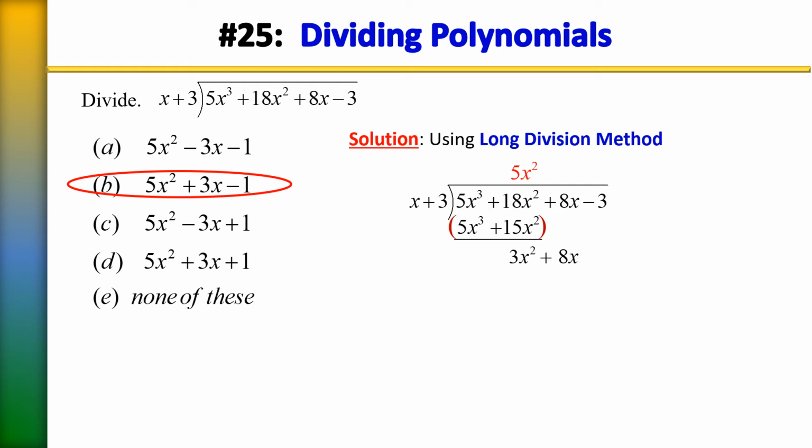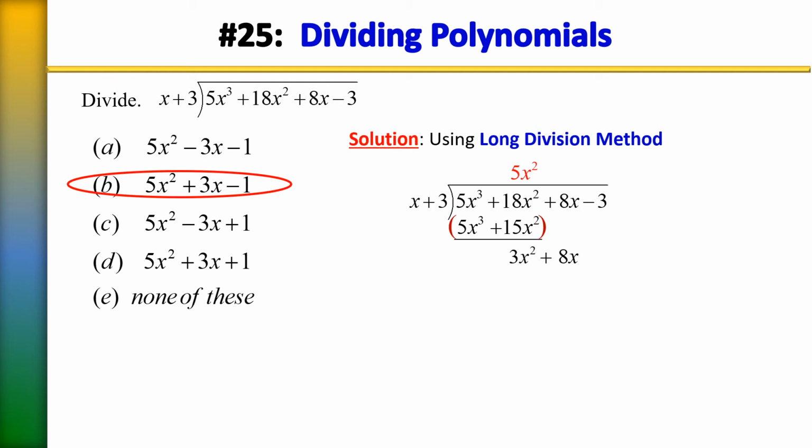So now that I have these two terms, again, I'm going to look at this outer term here of x and say, what do I need to multiply it with to get 3x squared? So I would need to multiply this with a 3x, because 3x times this x will give me a total of 3x squared.